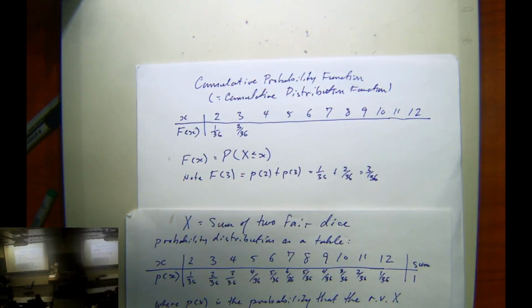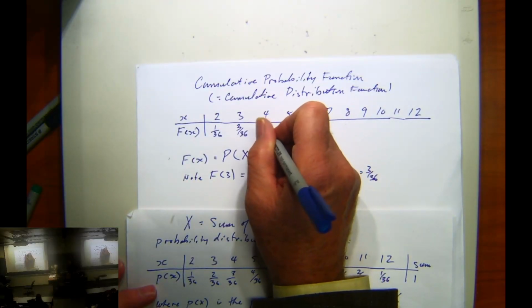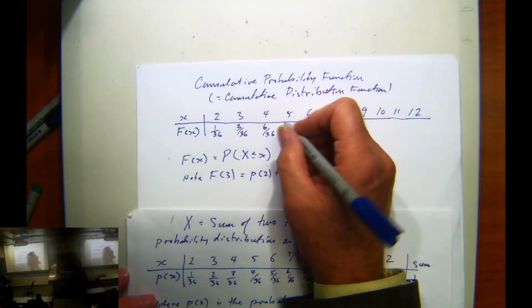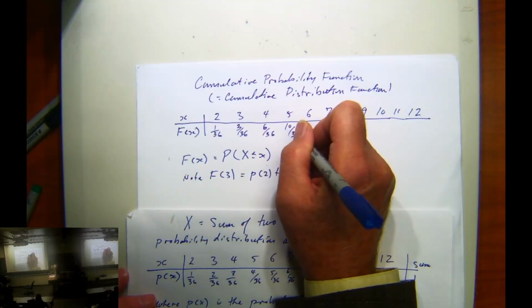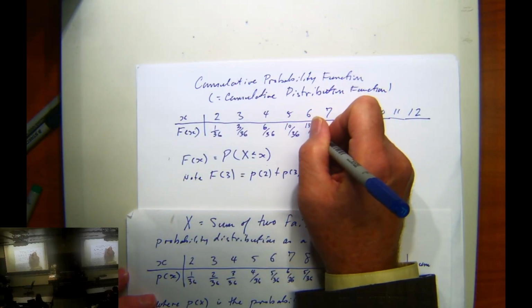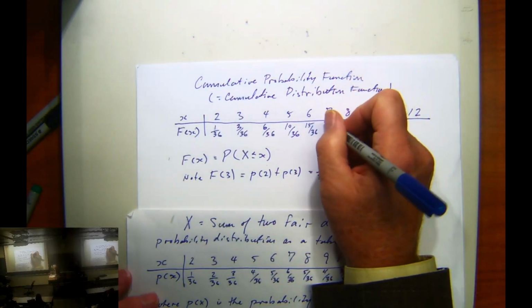And that's what I'm just going through and continuing to accumulate. For 4, it's going to be 1 plus 2 plus 3, 6 out of 36. And then for 5, we add another 4 out of 36. And then for 6, we add another 5 out of 36. And then for 7, we add another 6 out of 36.